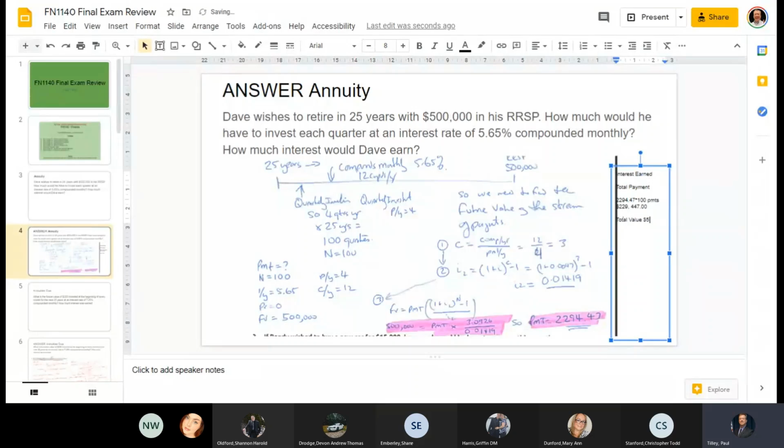So really the difference between how much you paid and how much you got: you paid $229,000 in, you got 500,000 back. The difference between it would be about, I'm going to guess it. I'm not going to write in the answer because I don't have my calculator here now. 500,000 minus the 229, and that's about 71. So it's about $271,000 in interest. You see how that's calculated? So that would give us the answer in terms of how much interest did Dave earn.